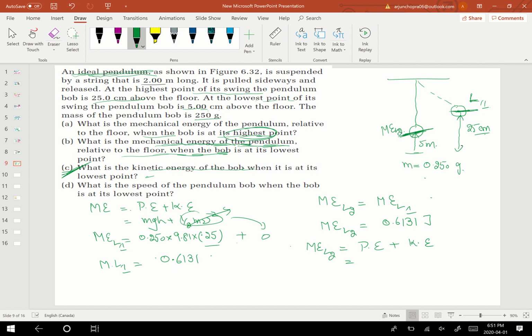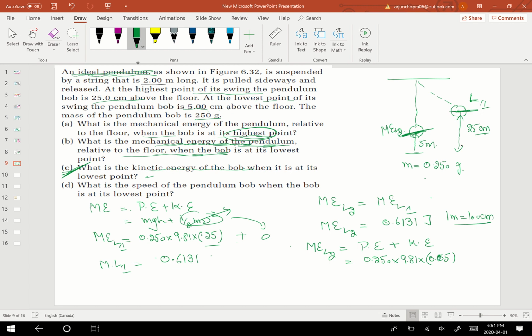So potential energy is equal to mgh, which is 0.250 times 9.81 times the height, 0.05. 1 meter equals 100 centimeters, remember this.